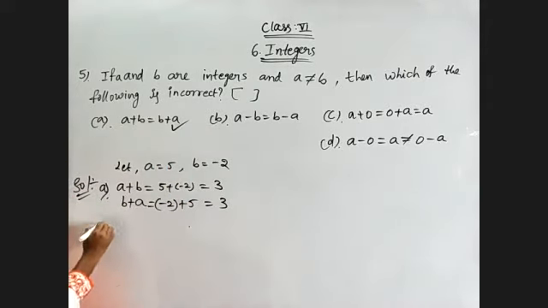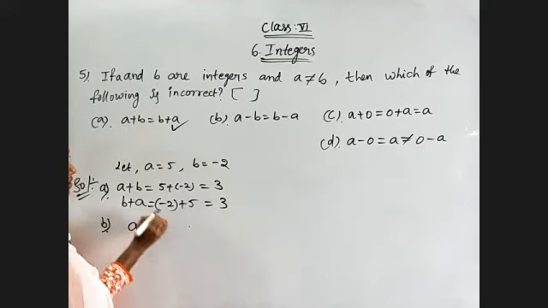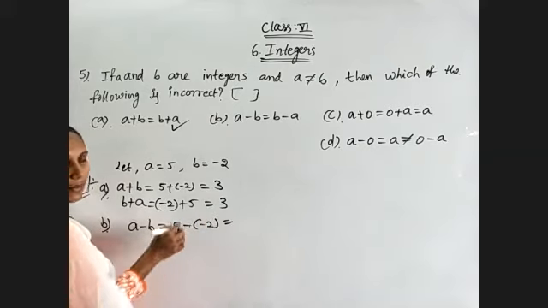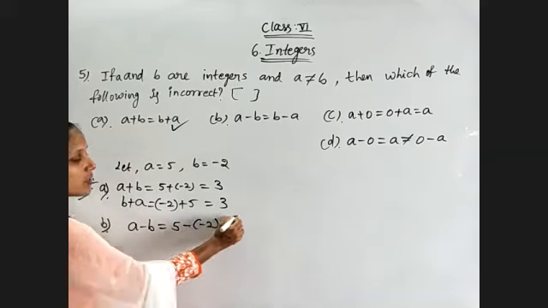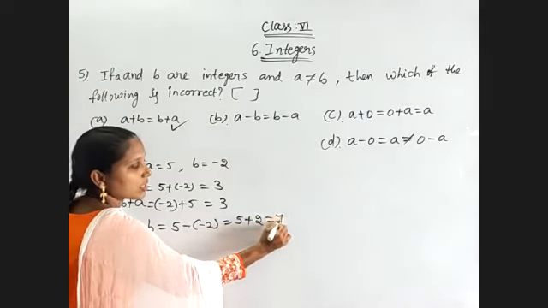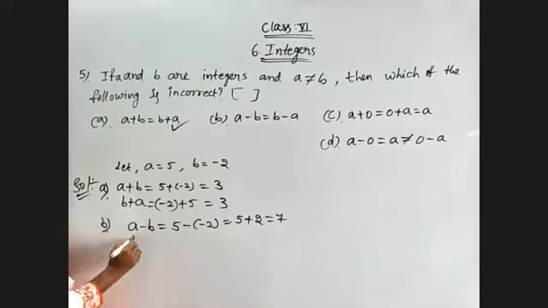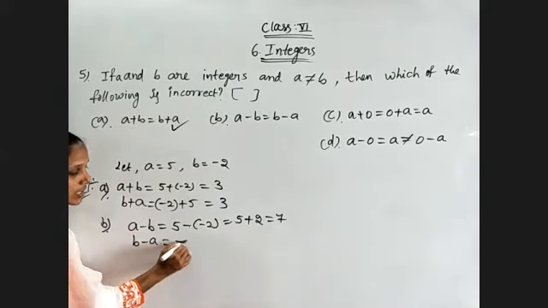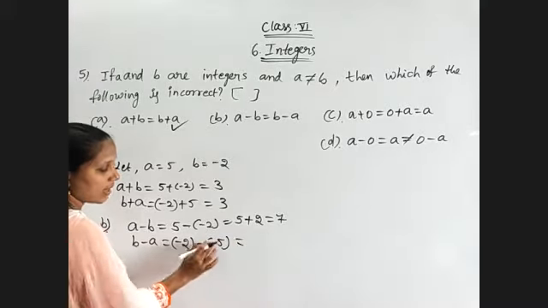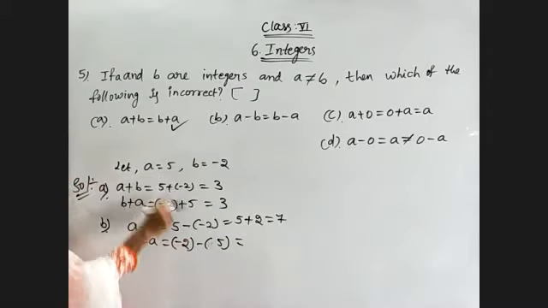Okay. Then coming to the second option. A minus B is equal to, A value is 5 and minus of -2. First we need to remove the bracket, that is 5 minus into minus, plus 2. 5 plus 2 is 7. And B minus A. B value is -2 minus of plus 5, A value is 5.